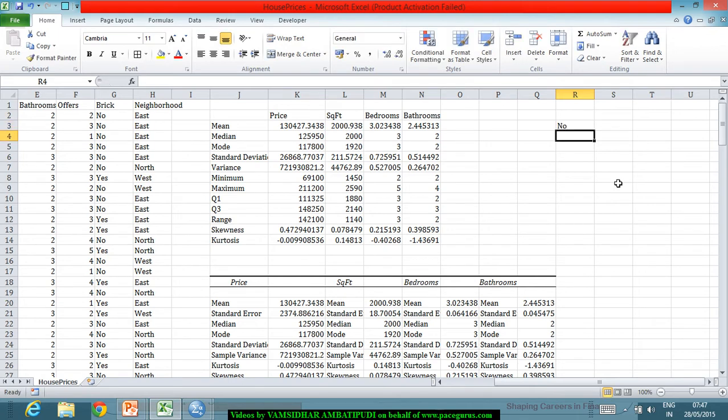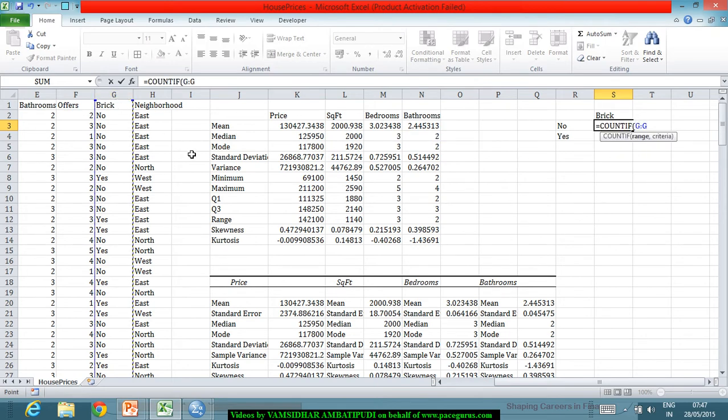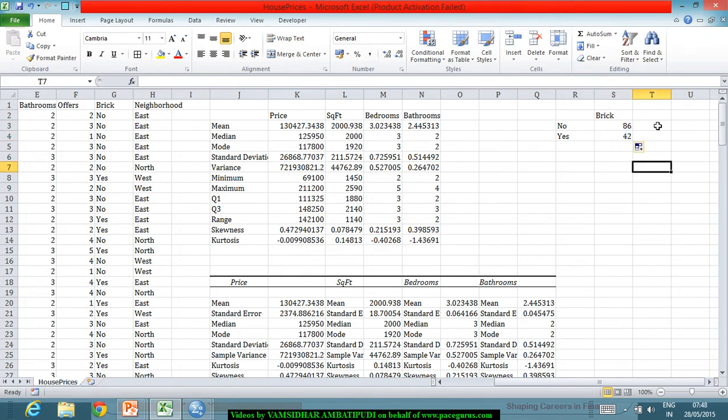So no and yes in case of brick, a small table in terms of no and yes. I'll use a function like COUNTIF, within this I am trying to count the no's. There are 86 no's here, and similarly 42 yes's.